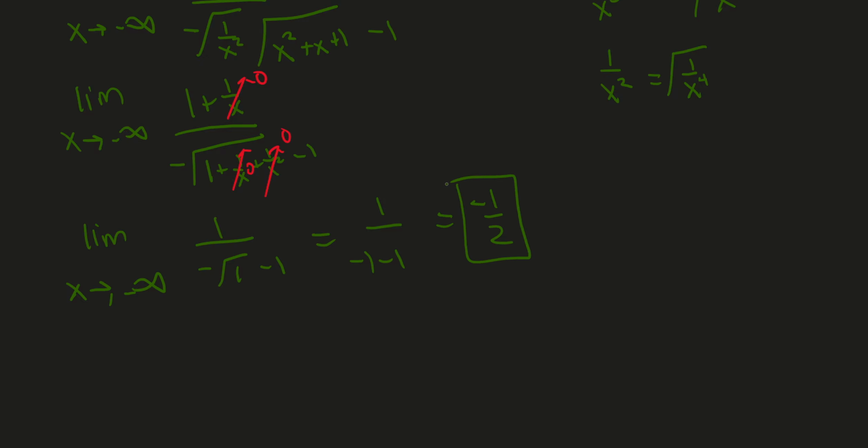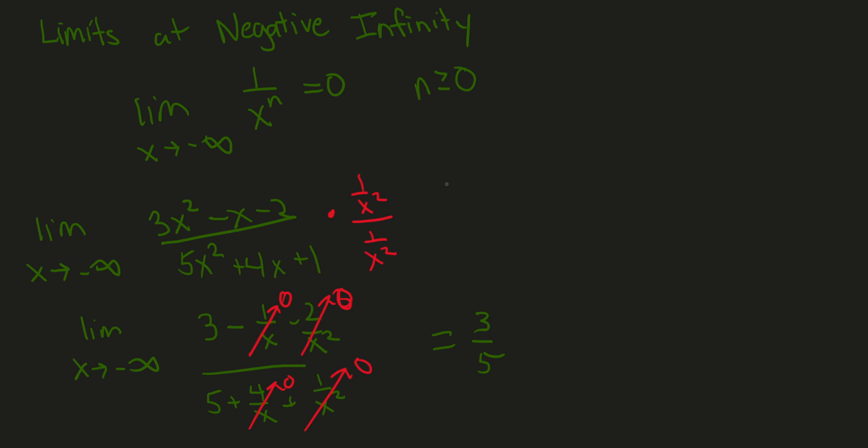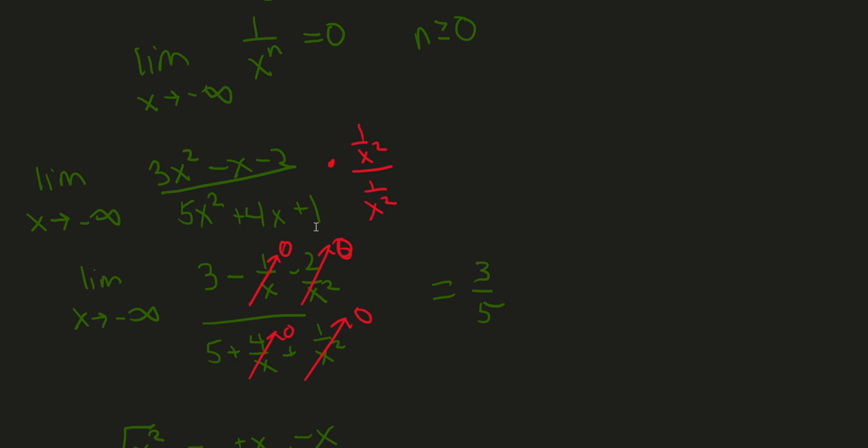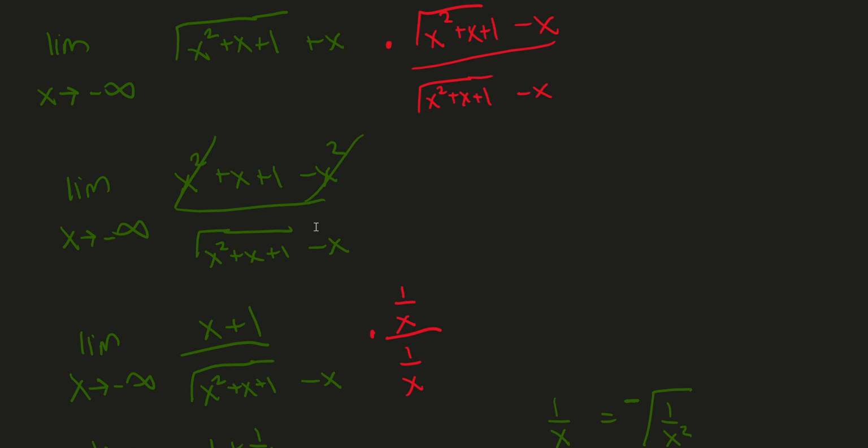Just like that. So to reiterate, limits at negative infinity are a little trickier. This property here still holds. Your ones with the fraction here work the same way. The issue is when you have square roots, you have to be careful.